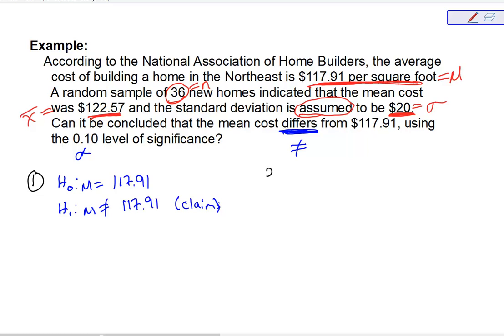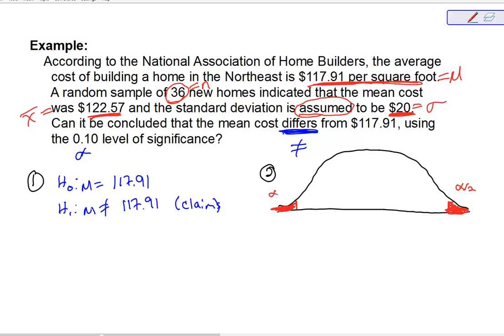Step 2 is to draw the normal distribution and place the critical region. This critical region is going to be different because it's a differs, which means it's a two-tailed test. So I've got two tails, which means I'm not going to put alpha in each one. I'm going to put alpha divided by 2 in each one, which is 0.05.